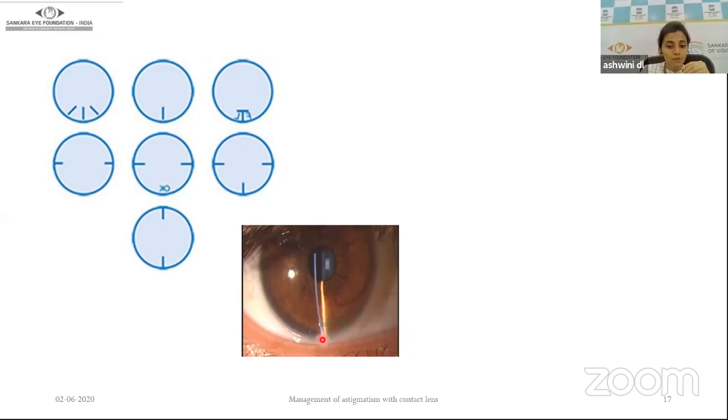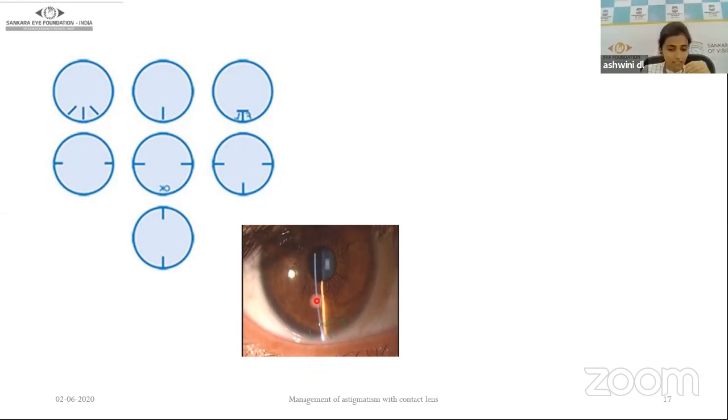First look at whether the scribe marks are in the vertical meridian or the horizontal meridian. If it is in the horizontal meridian, then align the slit in the horizontal manner. If it is in the vertical meridian, align the slit along the vertical meridian.